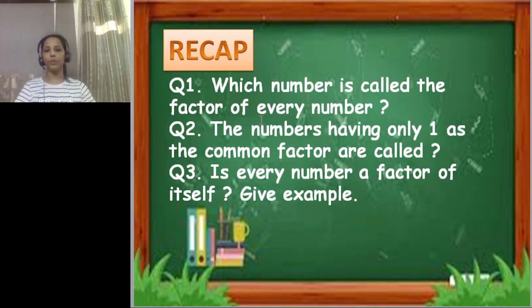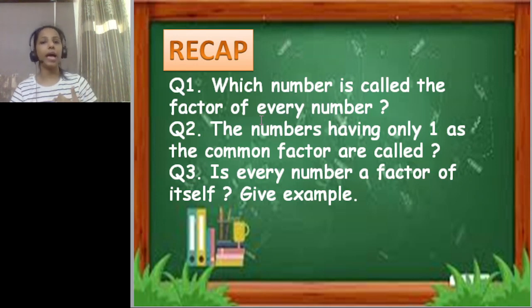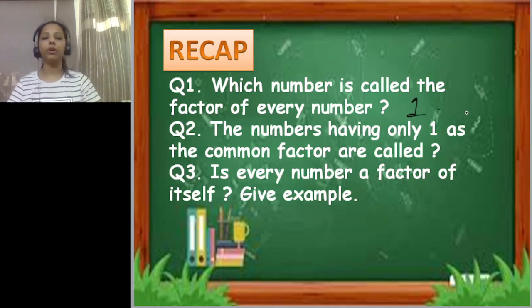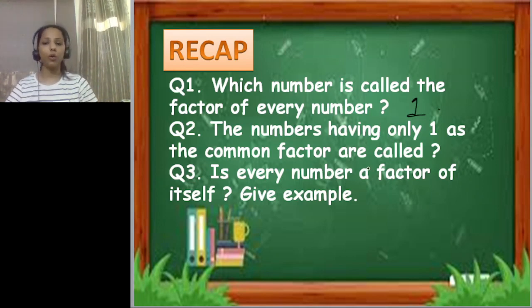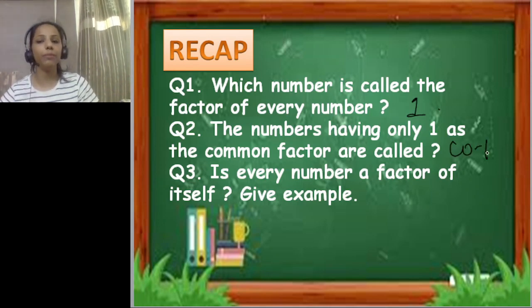So today, let's recap what we have studied. We have studied factors, common factors and co-prime numbers. I'm asking you some questions. You can solve them in your notebook also, and I will solve them here. Which number is called the factor of every number? Think. It is 1. 1 is a factor of every number. The numbers having only 1 as the common factor are called co-prime numbers.